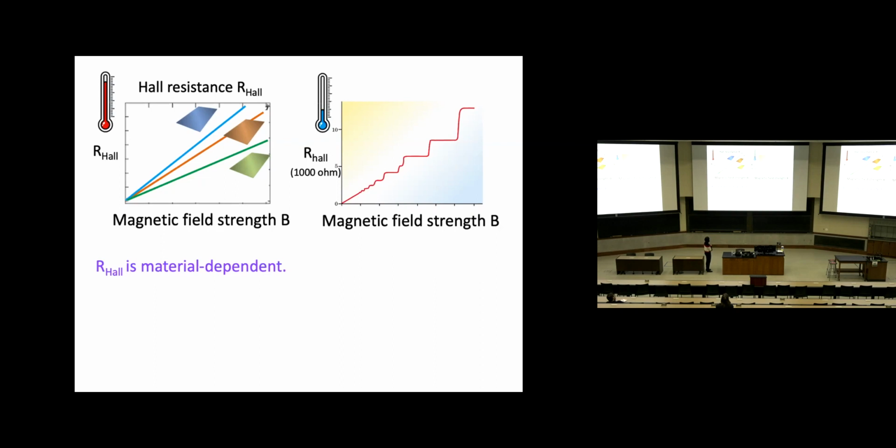In this room temperature case, the Hall resistance is material dependent. But in this case, it's universal, meaning that as long as you're looking at two-dimensional metals or semiconductors, it doesn't depend on which material you're looking at.